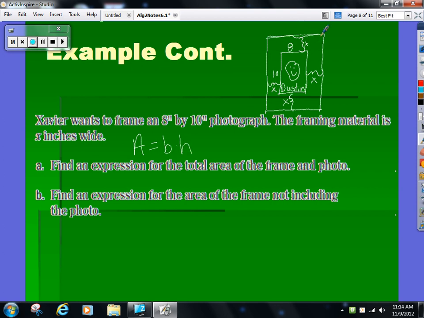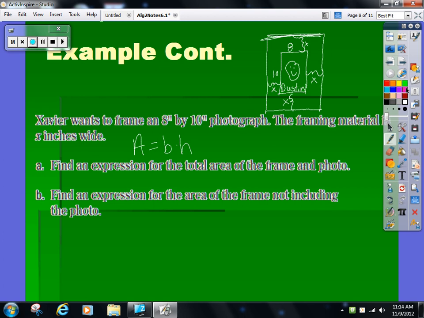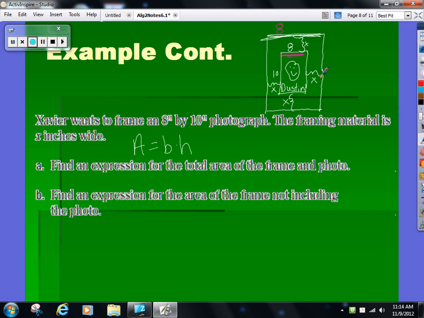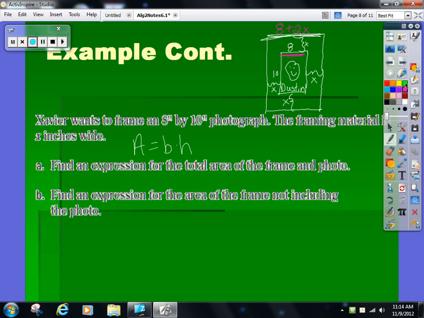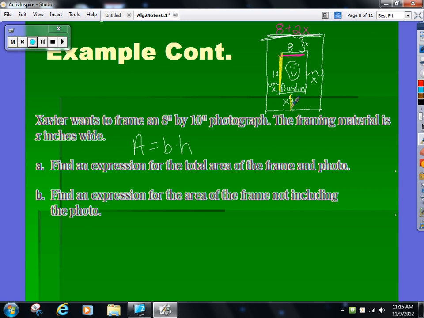How long is this top? Well, I got 8 here. And what do I have here? x and x. So 8 plus 2x. Do you see it? Okay, going up and down, I have 10 here, x and x. So that is 10 plus 2x.